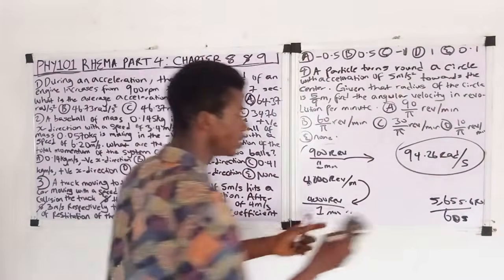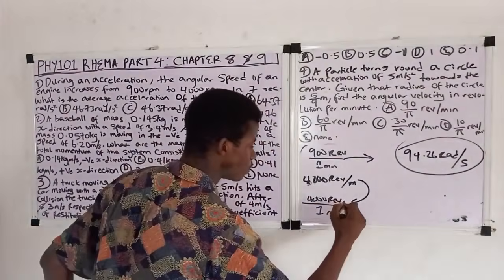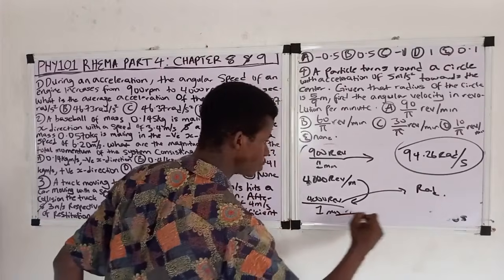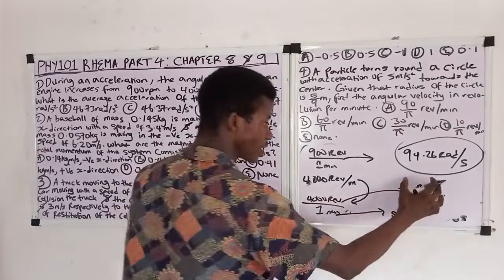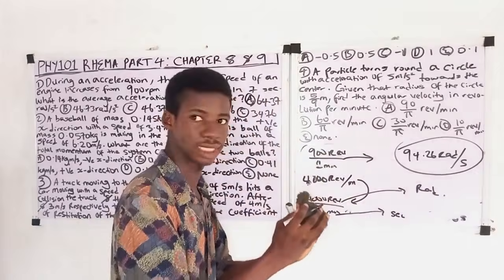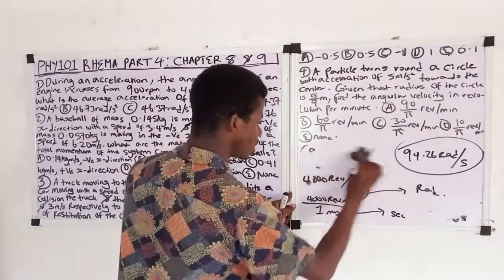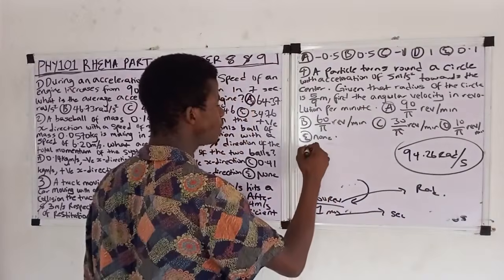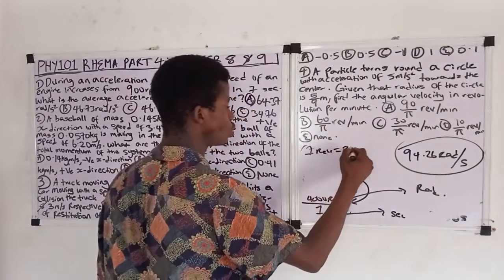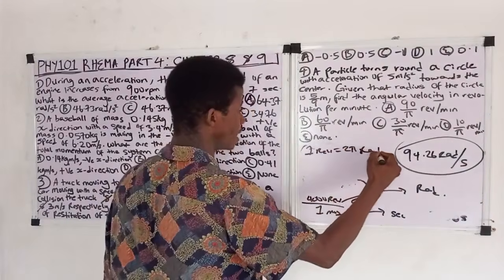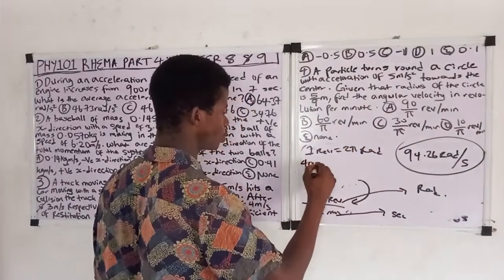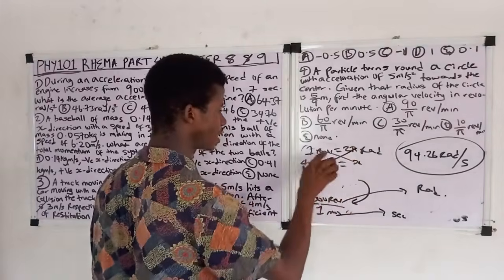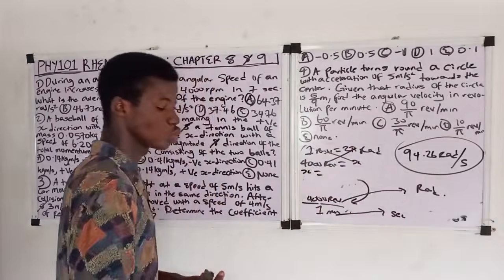So what are we going to do next? We need to convert 4,000 revolutions to radians, then 1 minute to seconds. Once we get our values, we divide them. If 1 revolution equals 2 pi radian, then 4,000 revolutions will equal X radian. Cross multiplying, 1 times X gives us X, and 4,000 times 2 pi.